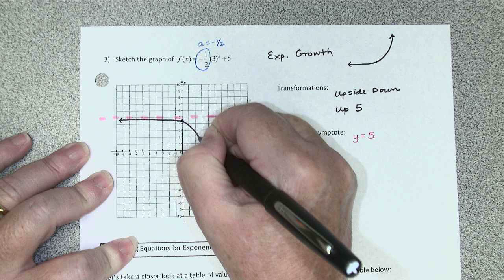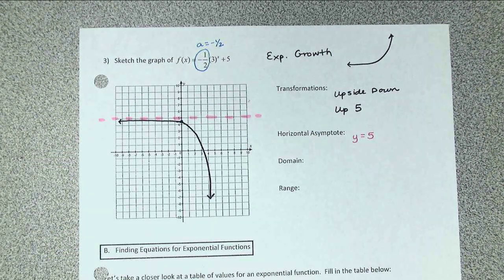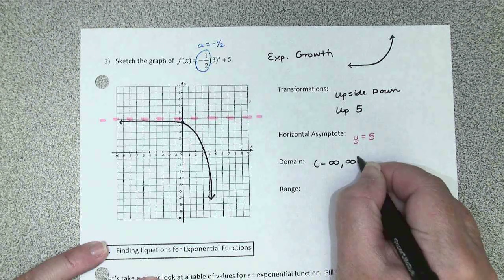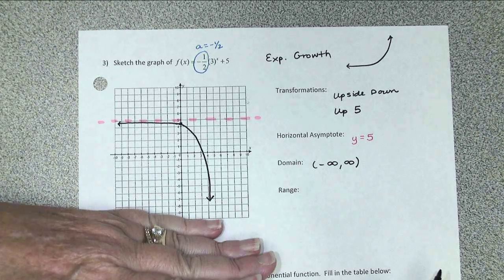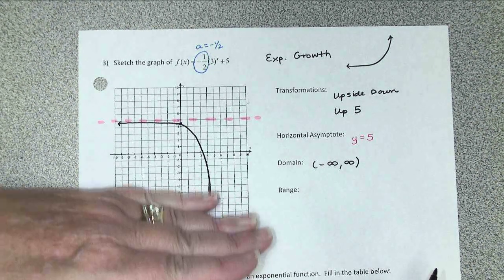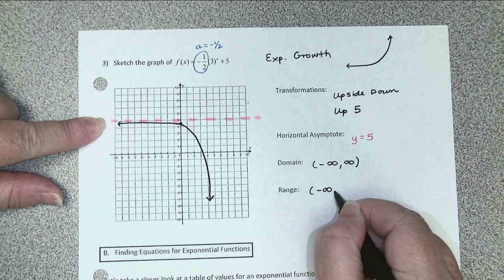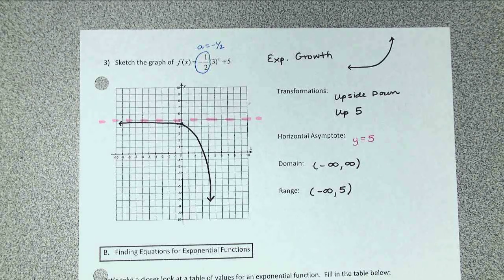And this time it grows in a downward direction rather than an upward direction, if you want to think of it that way. Doesn't change the domain, negative infinity to infinity. But my y values go all the way down from negative infinity up to 5. All right, that concludes part A of the section.